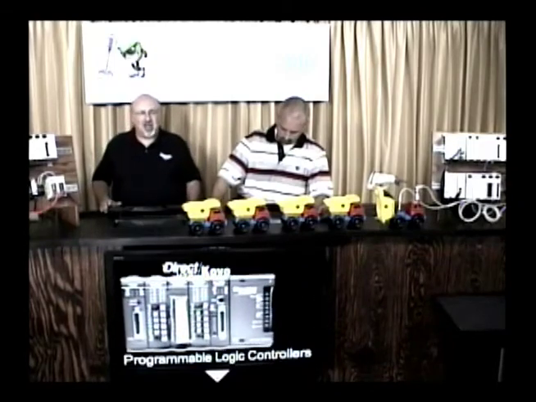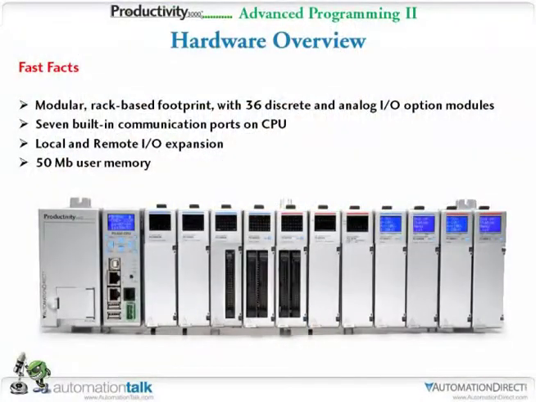If you want to go to the next slide, we'll real quickly cover the hardware, but today we're talking about our Productivity 3000. It's a programmable automation controller. It's a modular, rack-based footprint. The CPU has 7 built-in communication ports.